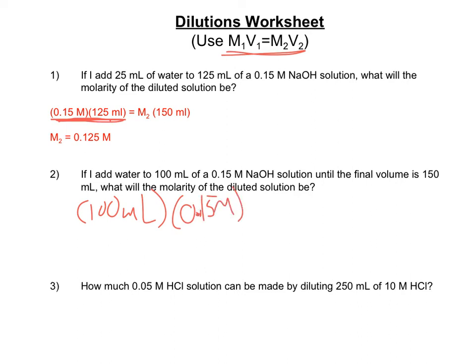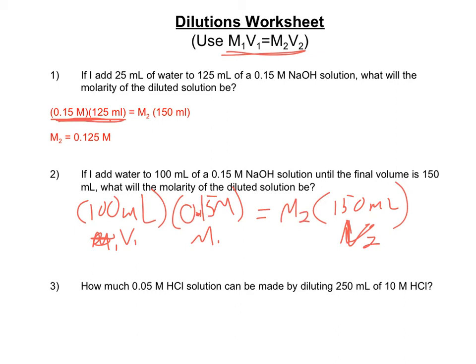Okay, so this is your M1. No, sorry, that's your V1. This is your M1. And the final volume is 150 milliliters. So that's your V2. What is the final concentration? M2.